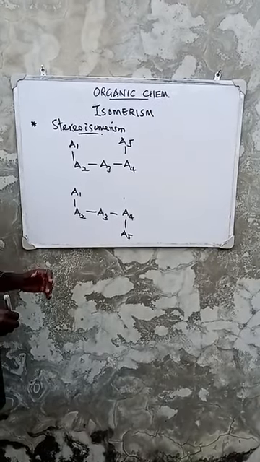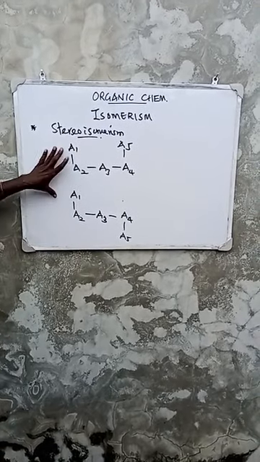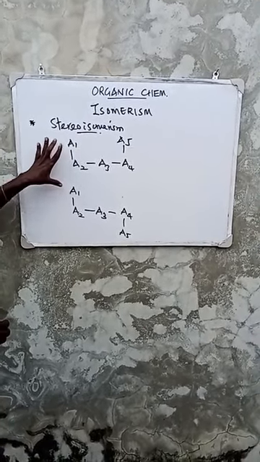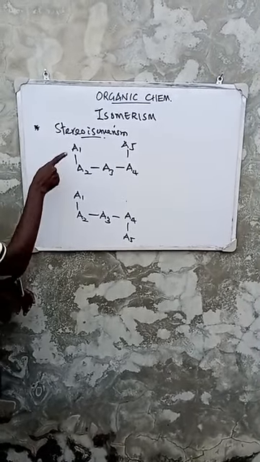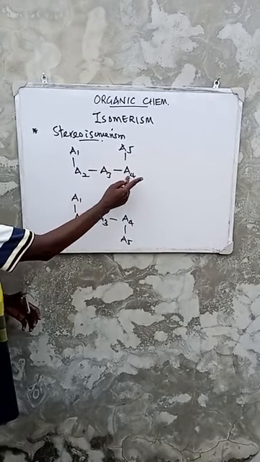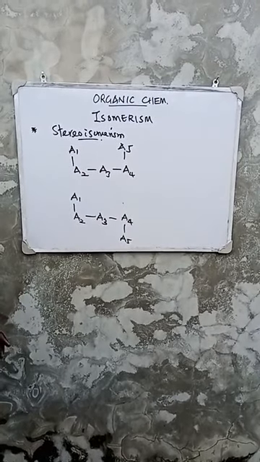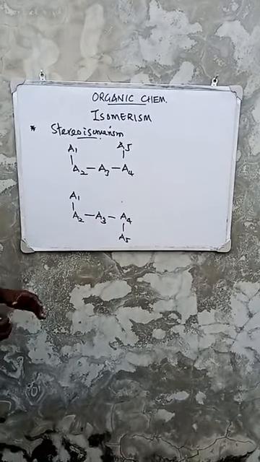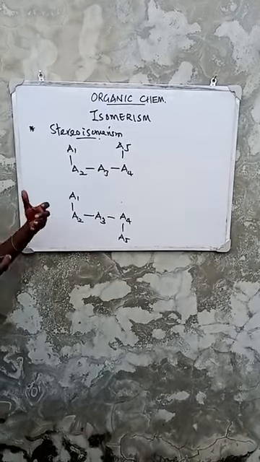In the second class, which is stereoisomerism, we can see the two structures. If we look at it from the angle of structural isomerism, we can see that A1 is connected to A2, to A3, to A4, and to A5 in the same way for both structures. But what makes it different is the arrangement of the atoms in space.